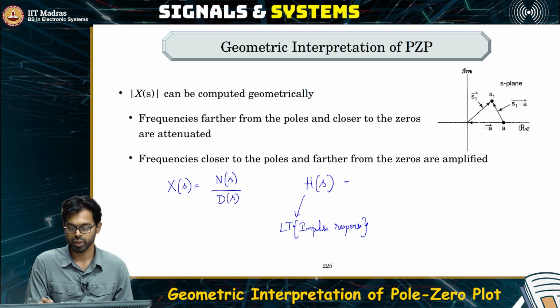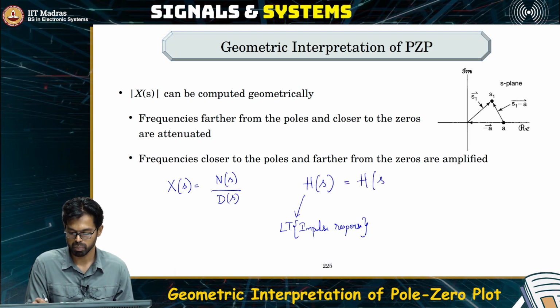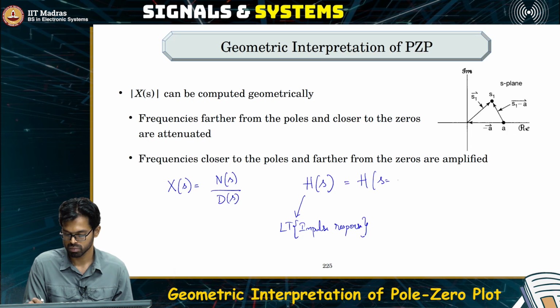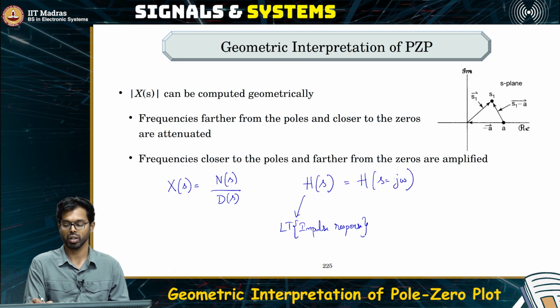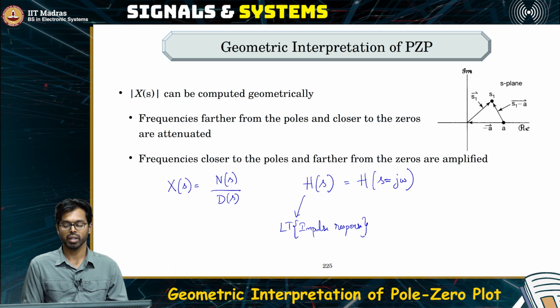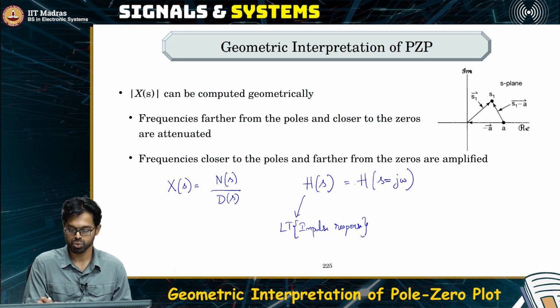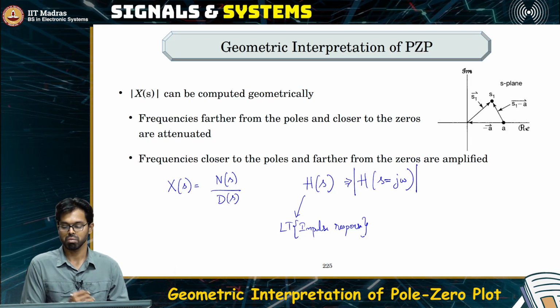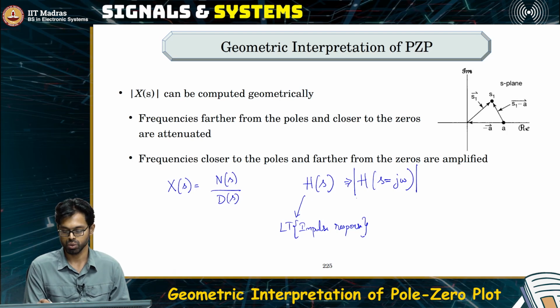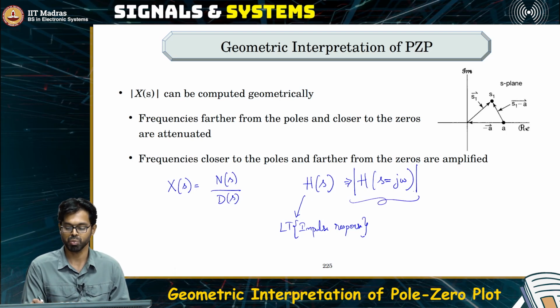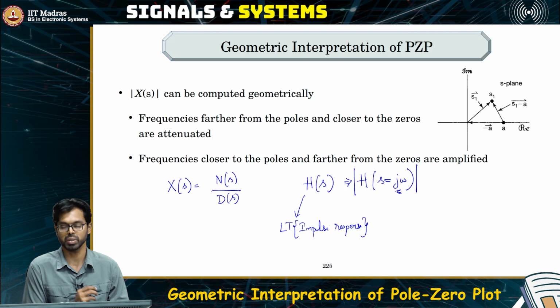So, if you evaluate this at some s equal to j omega, then you find out what happens to the frequency response of this system. So, this is the magnitude of the frequency response evaluated at a particular frequency.